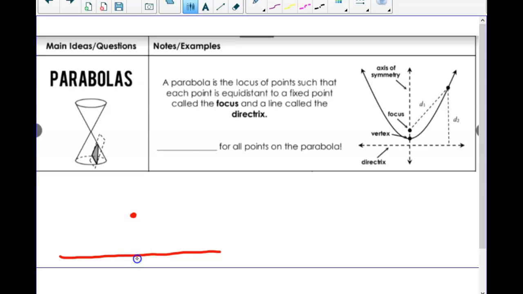I don't know why you'd need to do that, but anyway. If I put a point over here, does everybody see that that distance is the same as this distance? If I put a point right here, that's pretty clear that that and that are the same, okay?